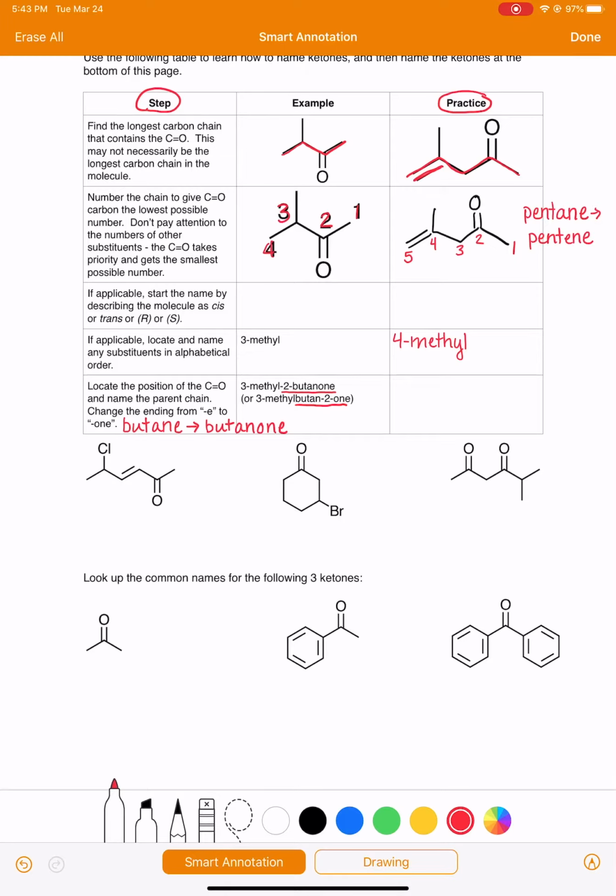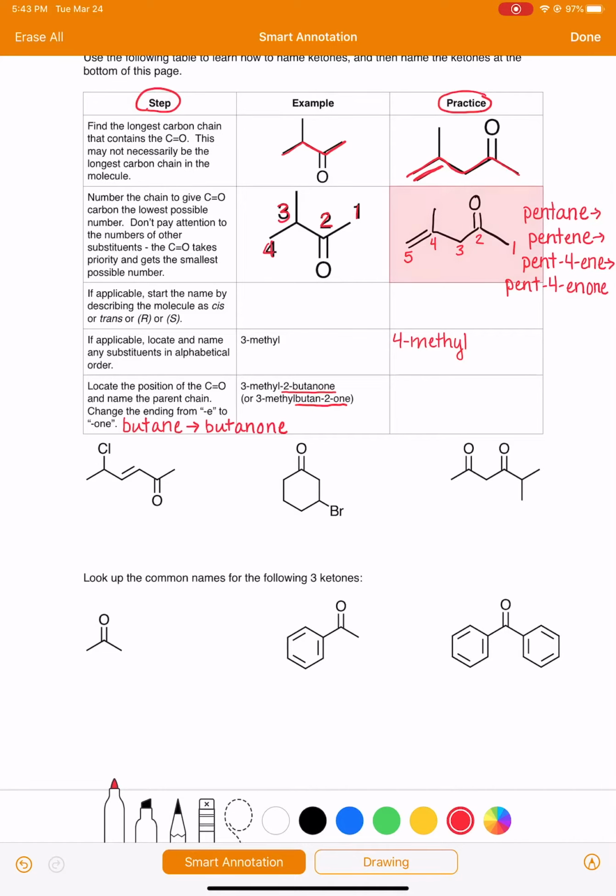We do need to say where the double bond is located. So this is specifically a pent-4-ene. And because it's a ketone, we have to drop the E. This is a pent-4-en-one.